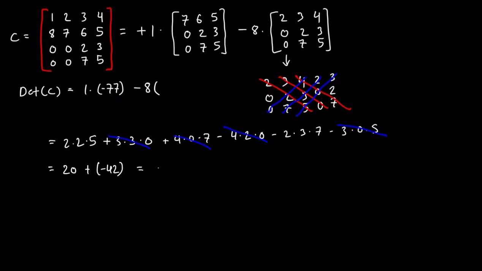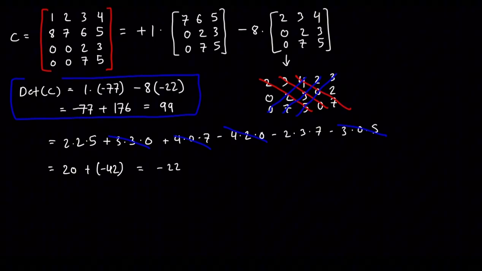That's going to give us negative 22. So our determinant will be negative 77 plus, so negative 8 times negative 22. So negative and negative becomes positive. So we get 176. So that's 99. So therefore, the determinant of C is 99.